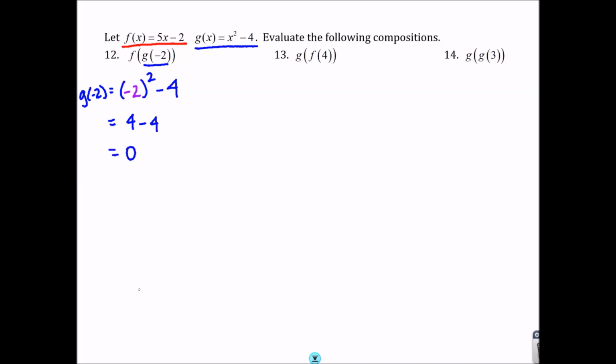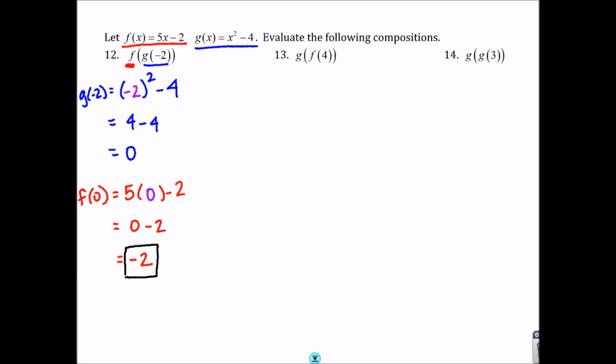Then I'm going to take that answer and plug it in to f of x. So I'm going to find f of 0. So 5 times 0 is 0. Minus 2 gives me negative 2. So our final answer will be negative 2.